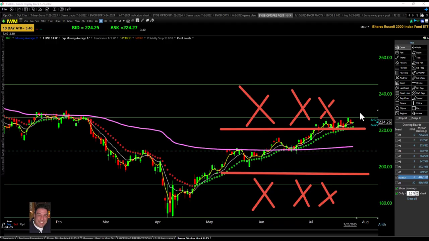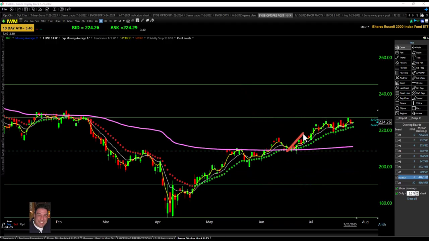You can see price action moves up and holds the higher ground, and they make a series of higher highs and higher lows. Here's some lows, here's some higher lows, here's some highs, and then here's some higher highs. So that's an uptrend and bullish up there in the upper third.